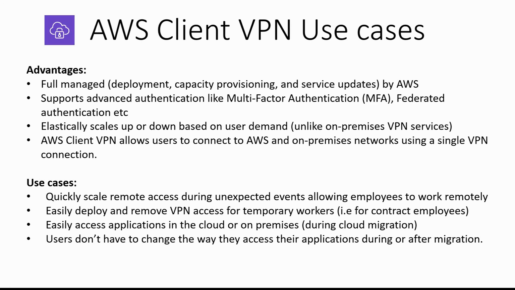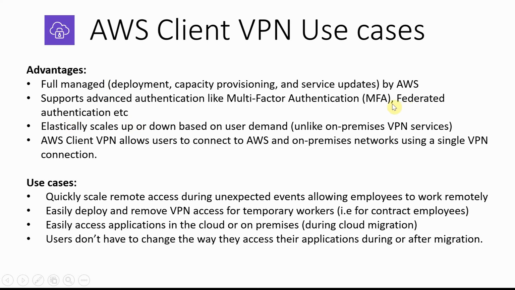So this client VPN is again fully managed by AWS. In terms of the deployment, capacity provision, and software update of this client VPN, everything is managed by AWS. So you don't need to bother about those upgrades and other stuff. And it also supports multi-factor authentication and federated authentication.